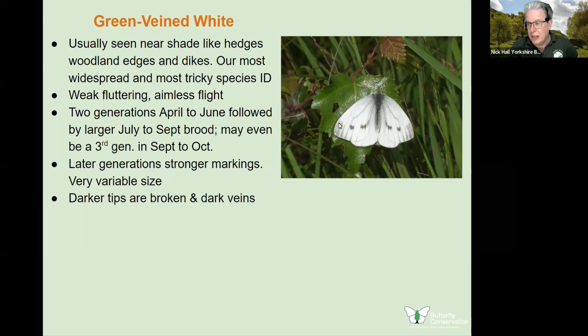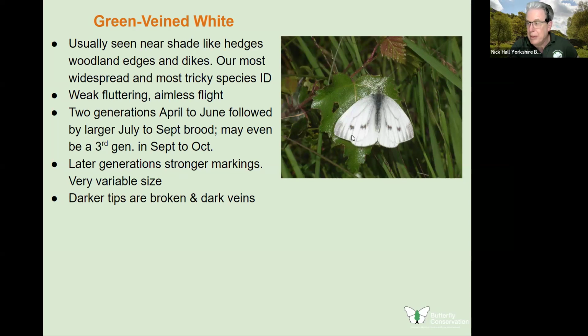It has the dark tips, and the dark tips wrap around like a large white, but they are broken by white. So it's only the veins which are dark towards the edge, and each of the veins is tinged black. It also has the two spots, but the tip gives the story away.